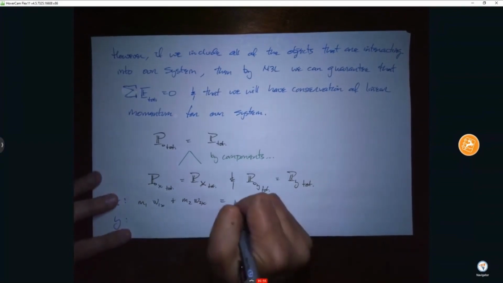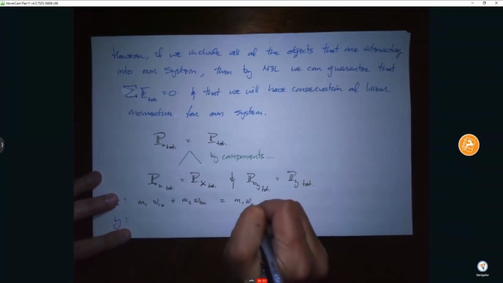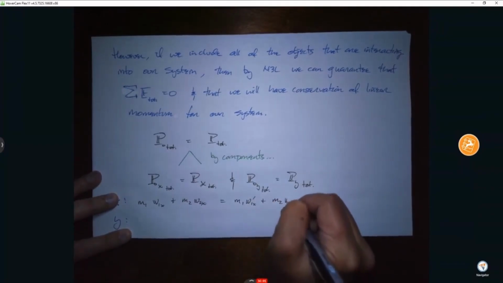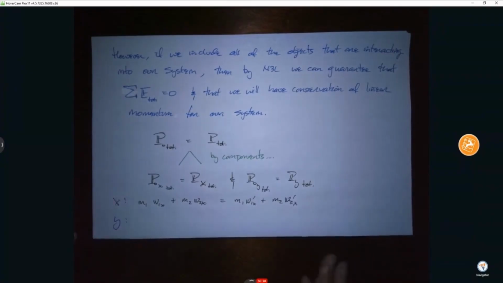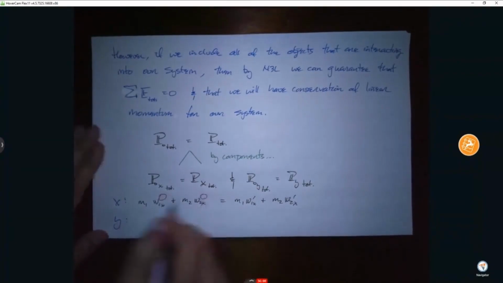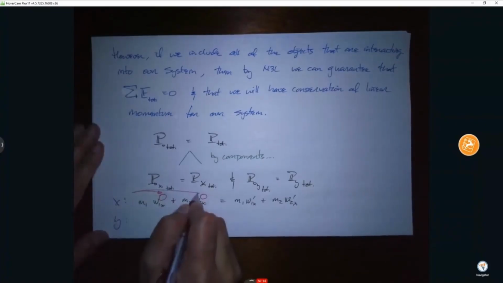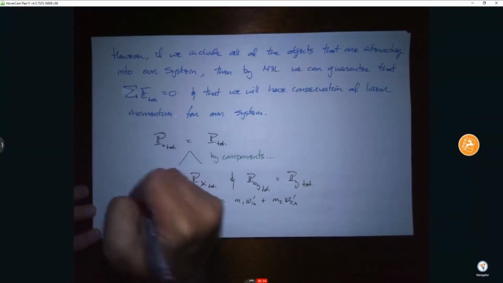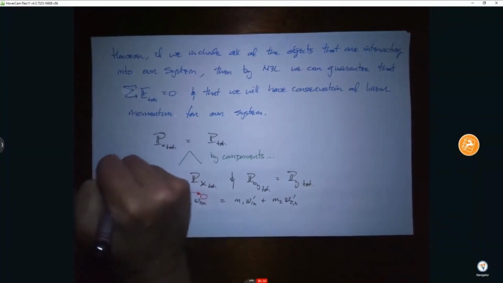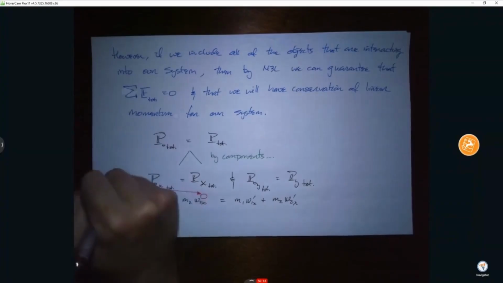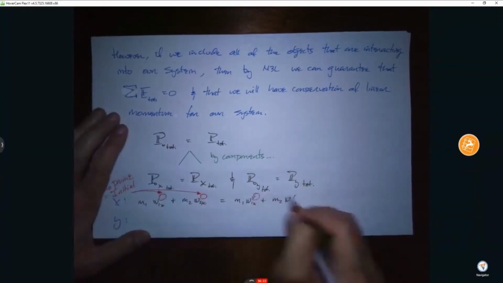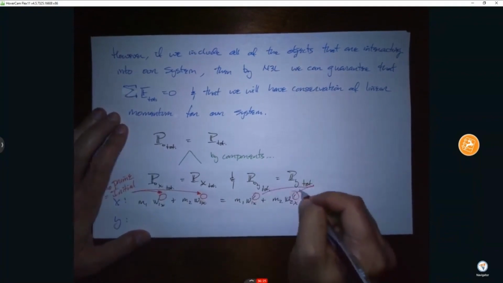And so this is the before, and then the after, what I generally will do is put a prime on these. The notation is that if we have no prime, then these are initial. And if we have a prime on the quantities, then these are final.